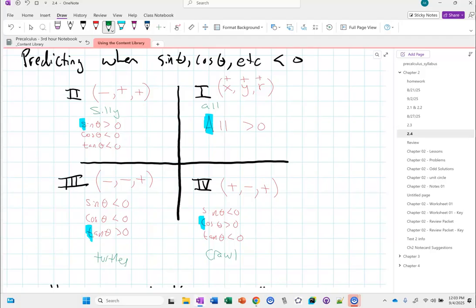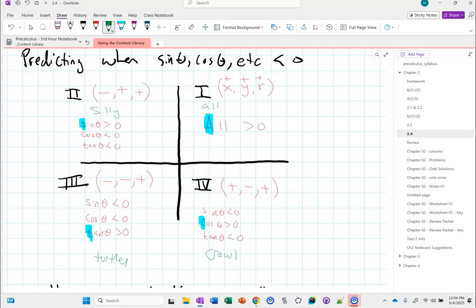So S for silly tells us sine is positive, and its reciprocal, cosecant, but everything else is negative. T, turtle, T, tangent is positive, and its reciprocal. Everything else is negative. Crawl, C, cosine. Cosine is positive, and its reciprocal, secant.